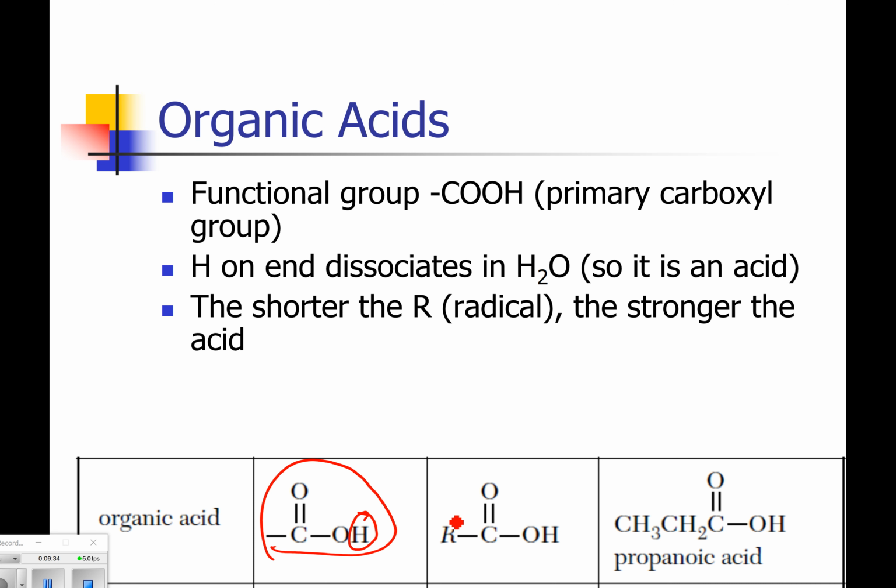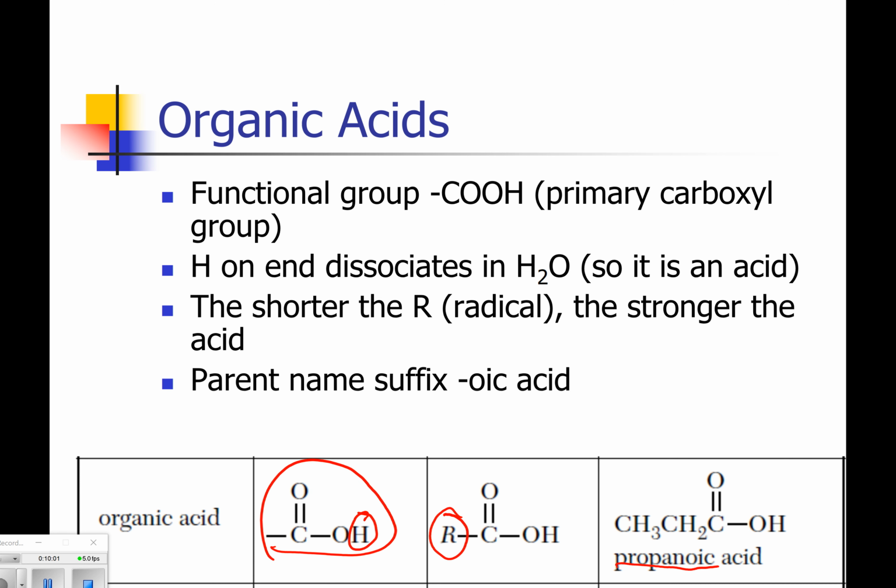And the shorter that this chain is, remember R is indicating a bonded atom or group of atoms, and the shorter that chain is, so something like, let's say methanoic acid, which would be a 1-carbon chain, that's going to be a stronger acid compared to something like propanoic acid, which is going to have 3 carbons. So the shorter that chain, the stronger the acid.